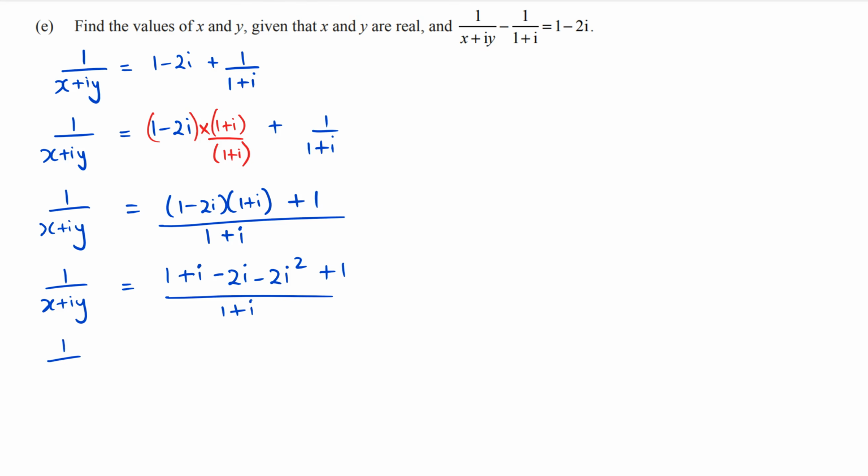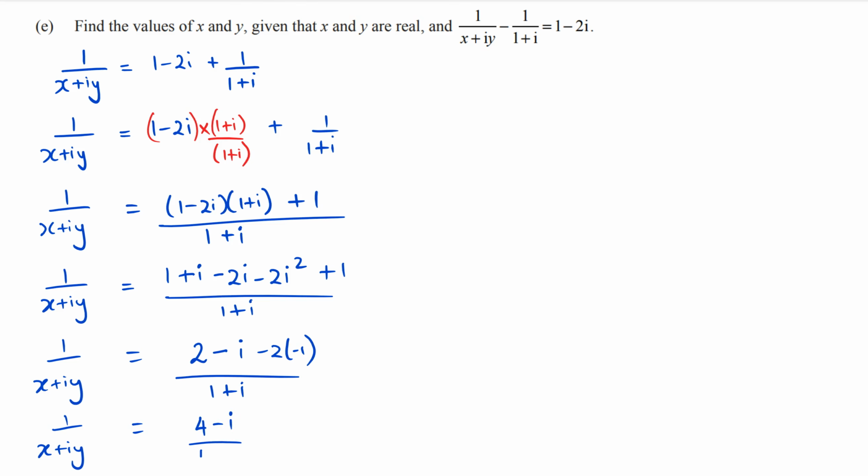Carrying on, 1 over x plus iy equals 2 minus i minus 2 times negative 1 over 1 plus i. So once again, negative 2 times negative 1 is positive 2, so I've got 4 minus i over 1 plus i equals 1 over x plus iy.